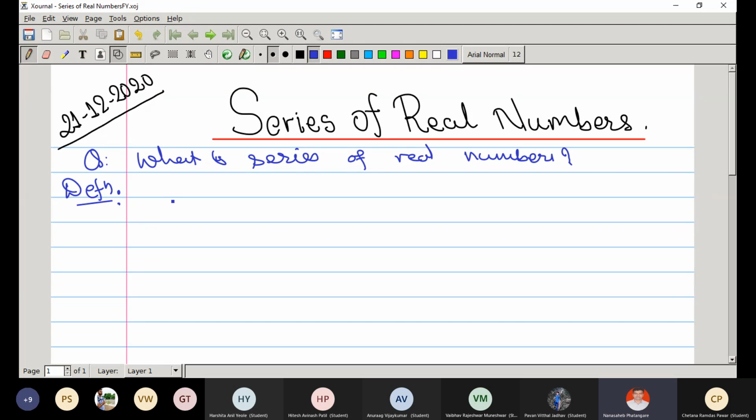That is an infinite sum, right? So let xn be a sequence of real numbers.